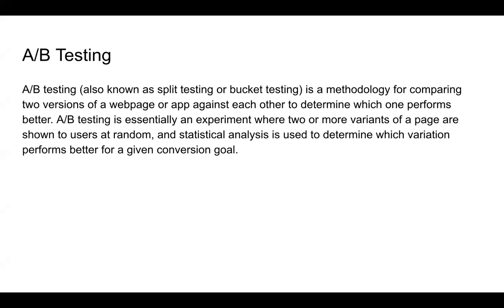A/B testing is essentially an experiment where two or more variants of a page are shown to users at random, and statistical analysis is used to determine which variation performs better for a given conversion goal.